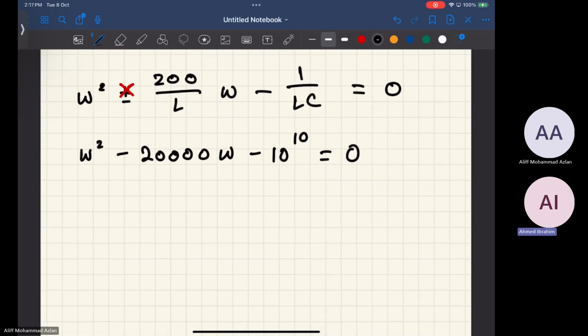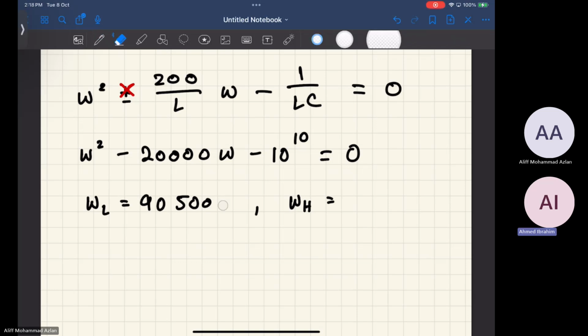You put that into the calculator or use the quadratic formula and we get two values. And omega H is, I think, and that's radians per second.